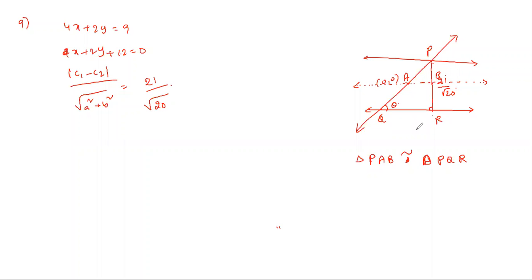Similar means PA by PQ equals PA is to AQ equals PB is to BR.